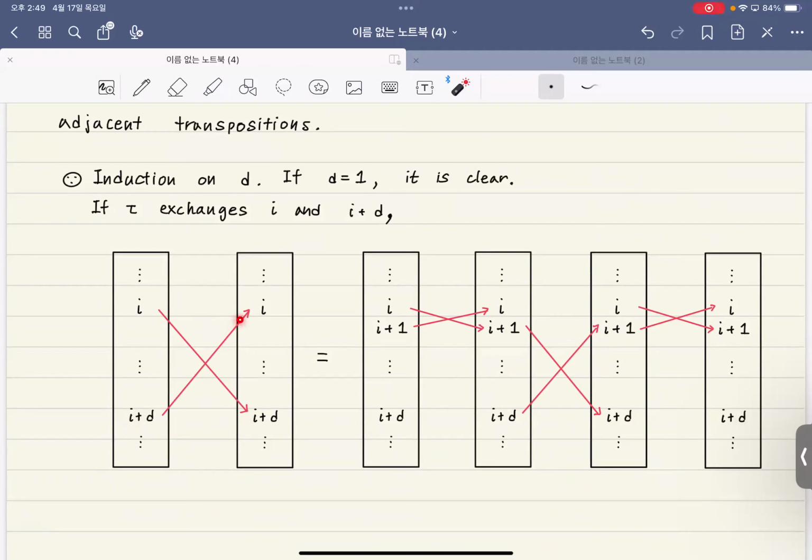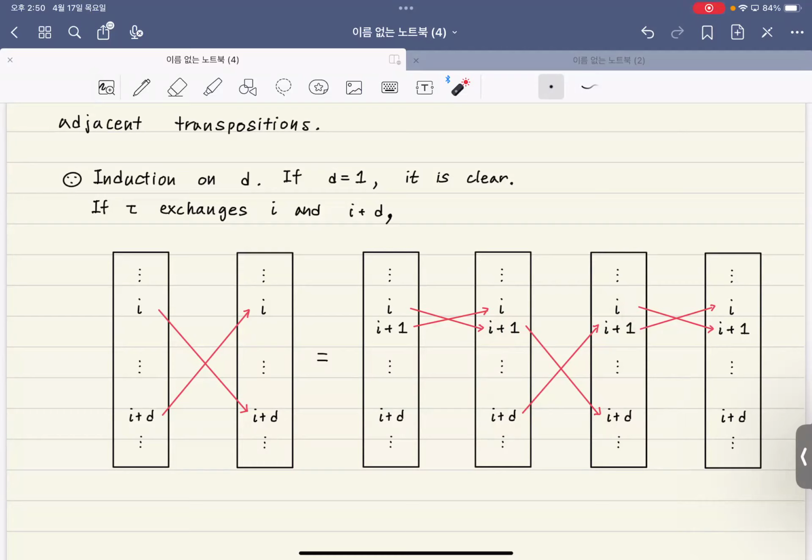But I can decompose this transposition like this. I exchange i and i plus 1, followed by a transposition that exchanges i plus 1 and i plus d, and again followed by another adjacent transposition exchanging i and i plus 1. Right?